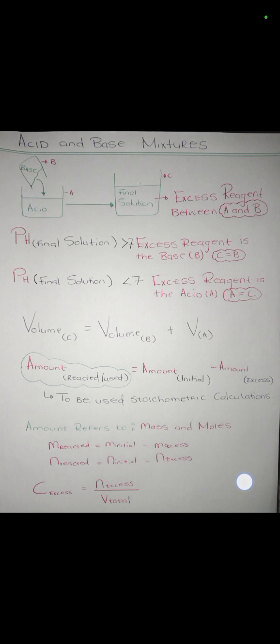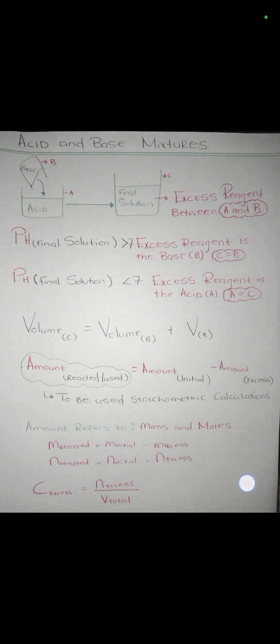Okay? Now, I want us to check the relationship between the substances before they are mixed together and when they have finally mixed. I want us to look at this neutralization reaction, this chemical reaction between an acid and a base to give us this mixture being the final solution.